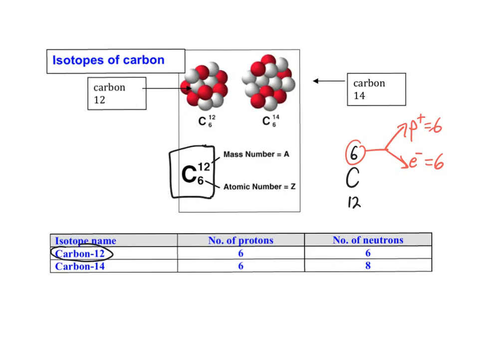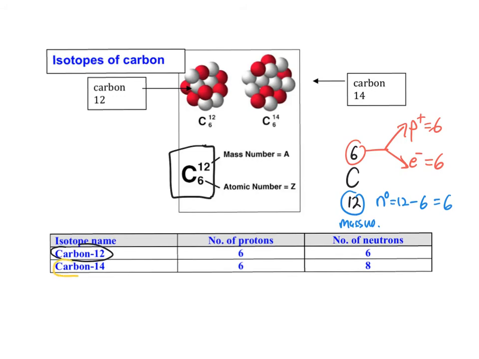And the number of neutrons, the mass number is 12. So the number of neutrons is the mass number minus the proton number or the atomic number, and that is 6. So it's 6, 6, 6: 6 protons, 6 neutrons, 6 electrons. Now, there's a form of carbon which is known as carbon 14.